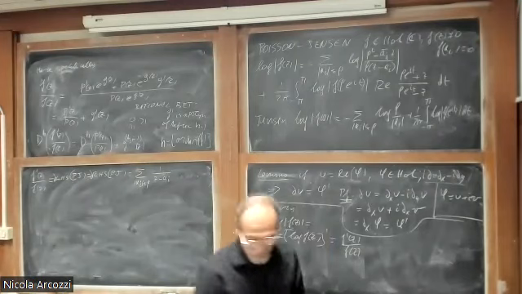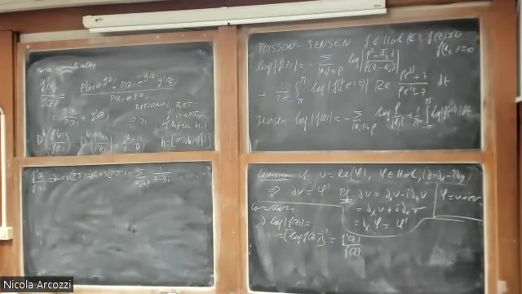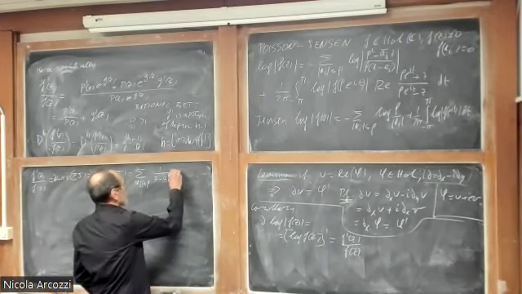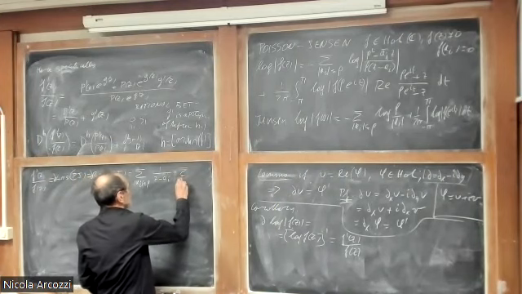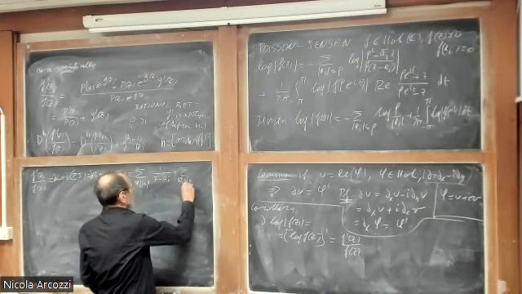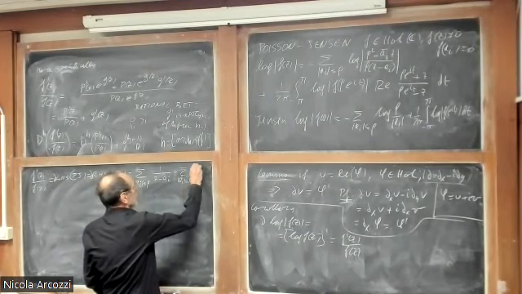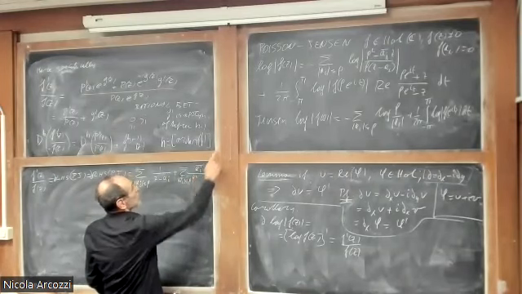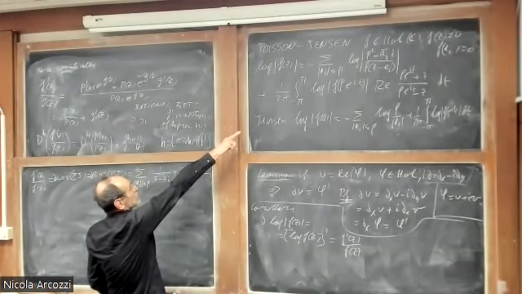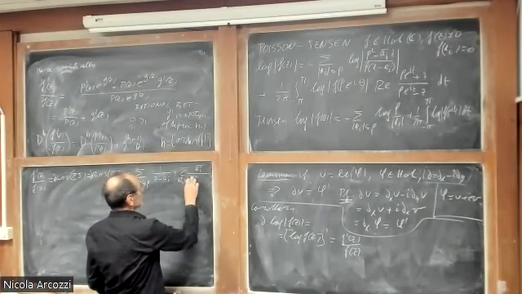Let me just check that I get all of my signs correctly. Okay, plus the same sum of a_i bar over rho square, because I'm taking the derivative of the logarithm of the numerator.